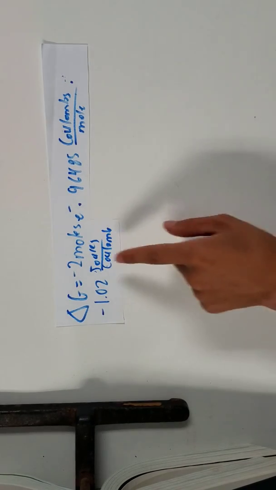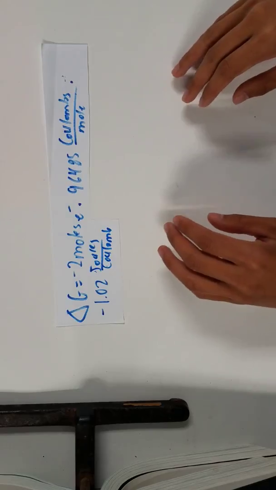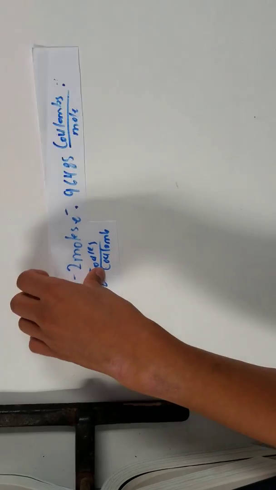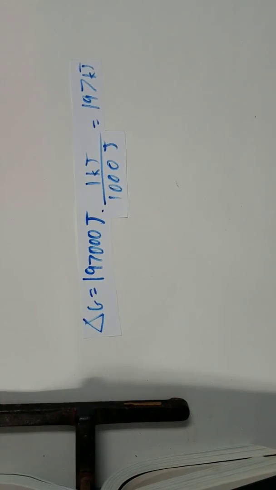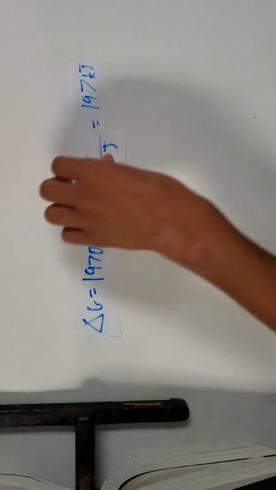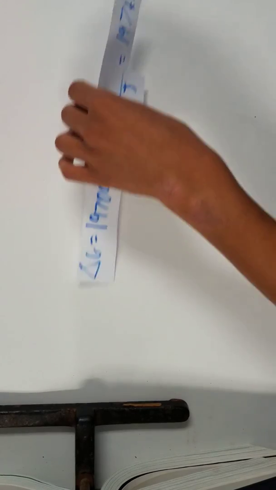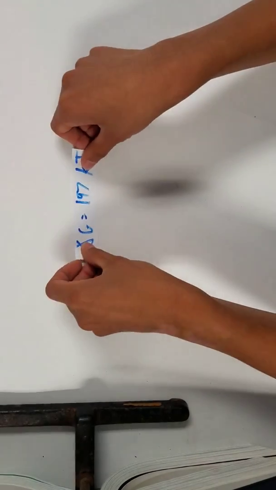Then you multiply it by Faraday's constant, which is 96,485 coulombs per mole. Then you multiply it by negative 1.02. Taking into account sig figs, you get 197,000 joules. And because delta G is to be in terms of kilojoules, you get 197 kilojoules.